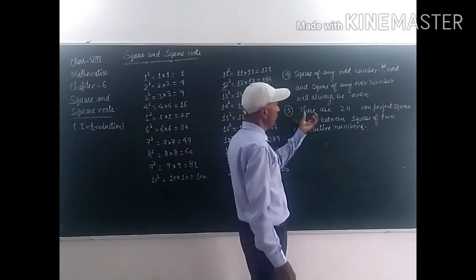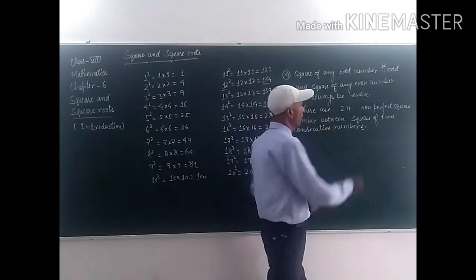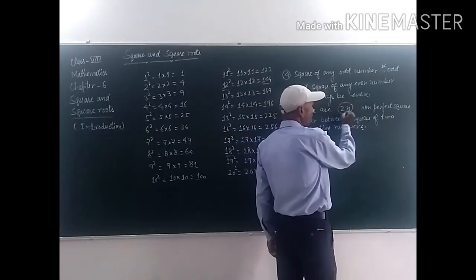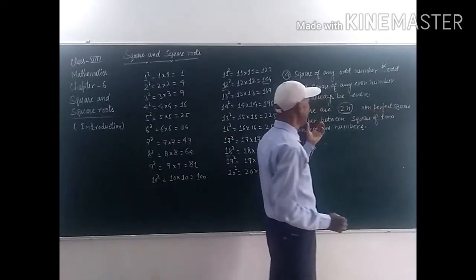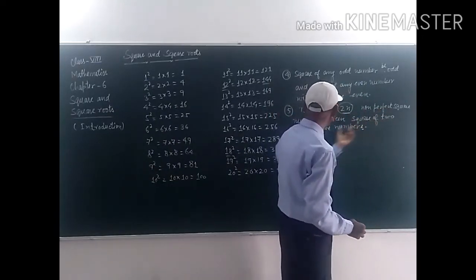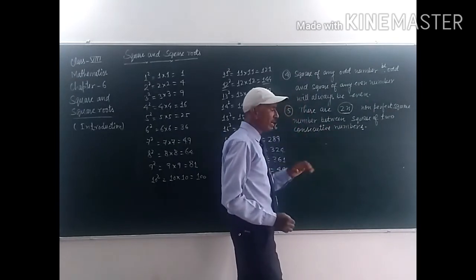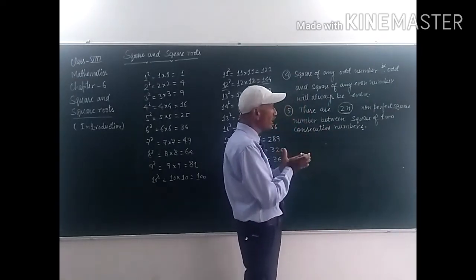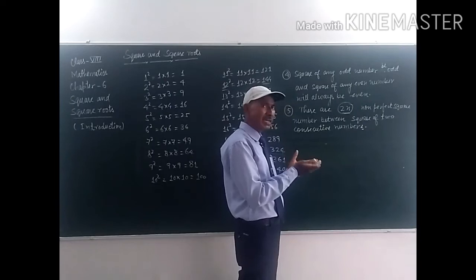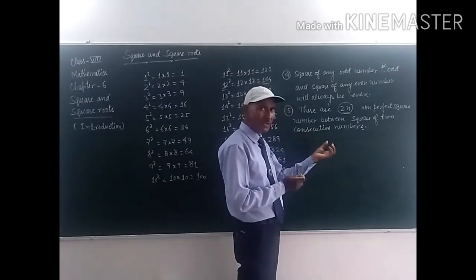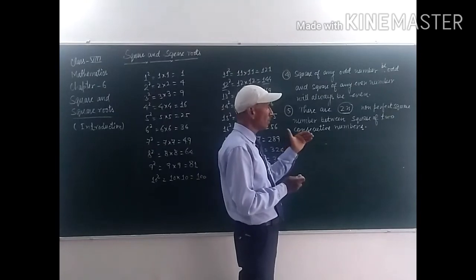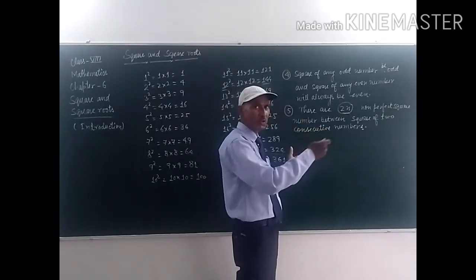This is most important, student. There are 2n. You have to understand this 2n. Non-perfect square numbers between the squares of two consecutive numbers. Consecutive numbers means, student, the numbers which come one by one or in a sequence like 1, 2, 3, 4. These are the consecutive numbers.